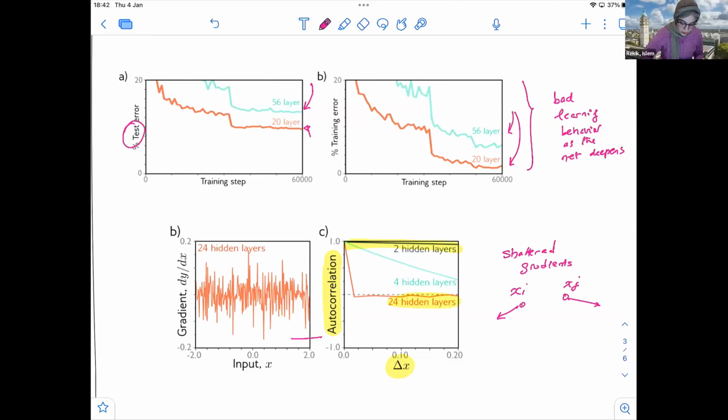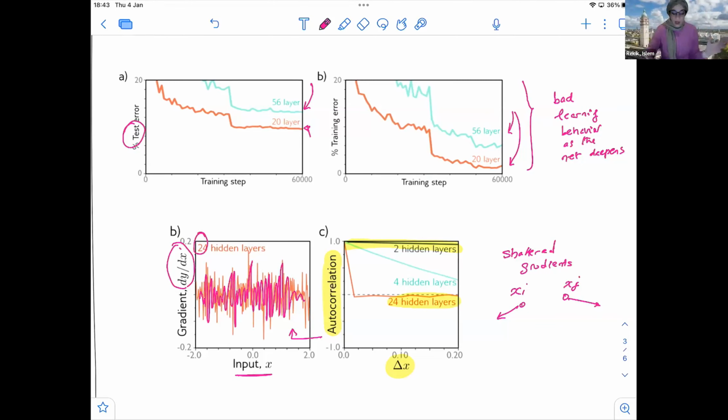We can see this also with the gradient of the output dy with respect to dx, and we observed this zigzagging or shattered gradient phenomenon as we plotted the gradient against the input value right here. And this is for 24 hidden layers.